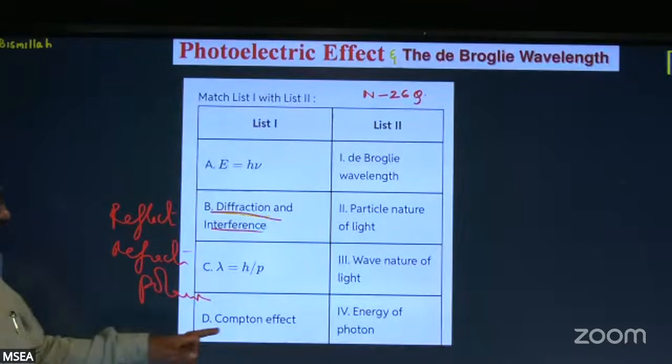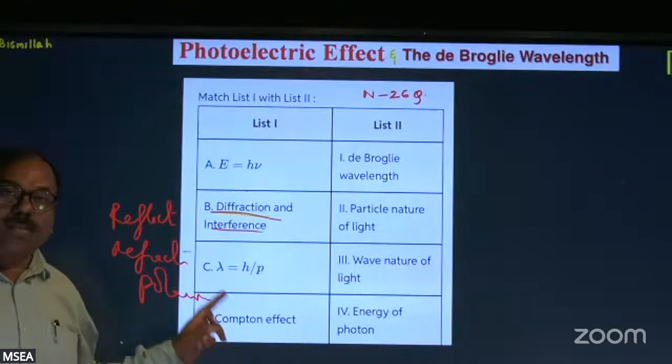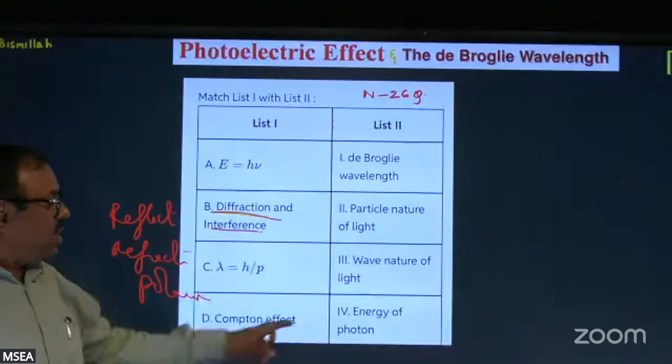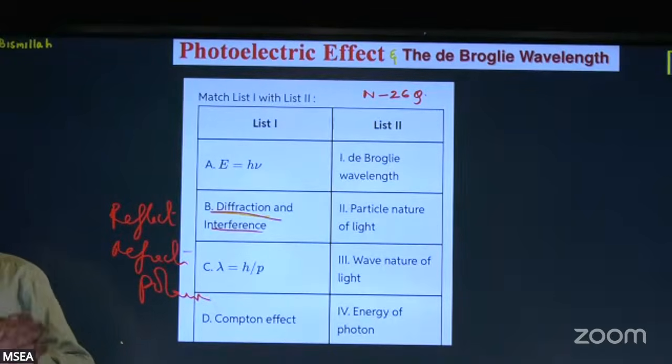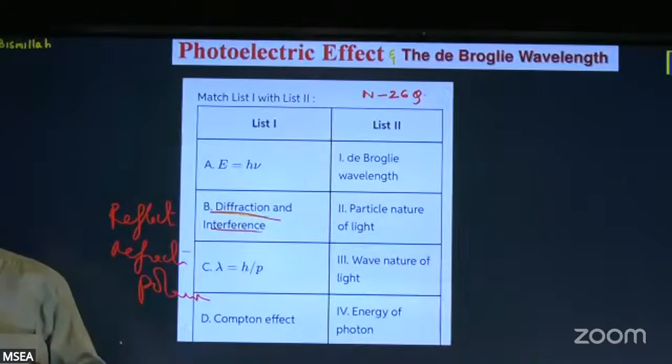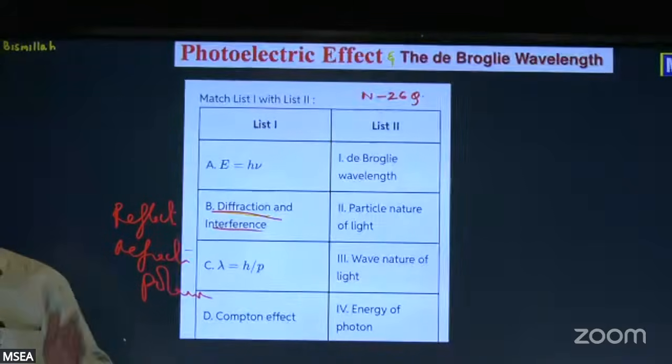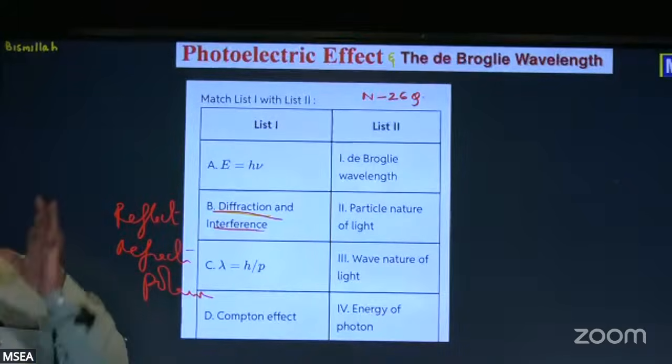Another important thing is the Compton effect. It supports the particle nature of light. Not only the Compton effect, you must remember, in addition to the Compton effect, what more they can ask. That is the most important.